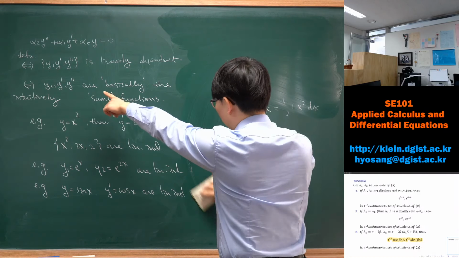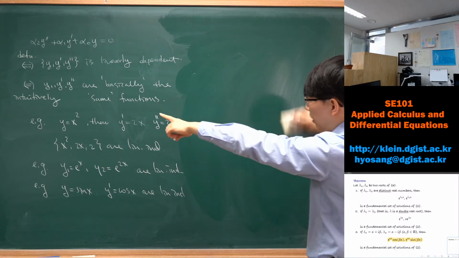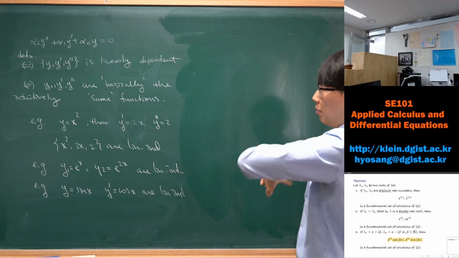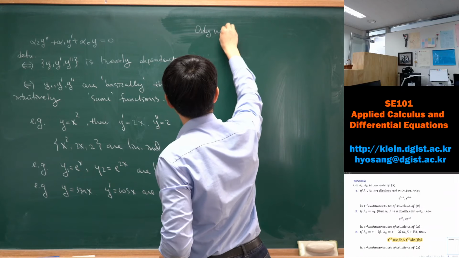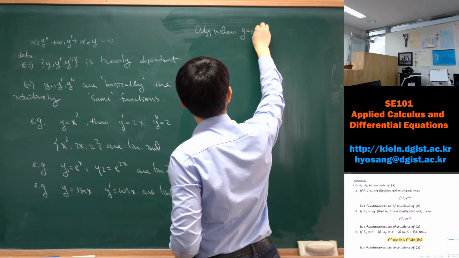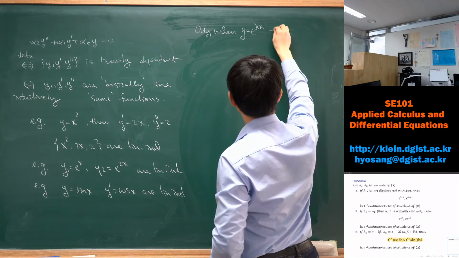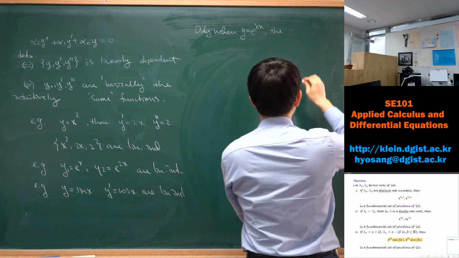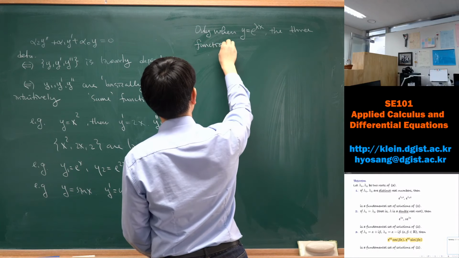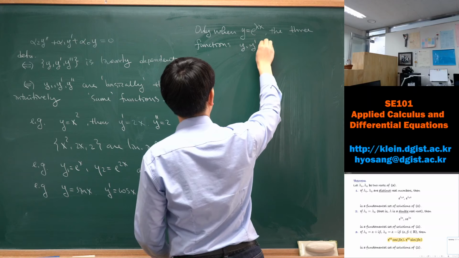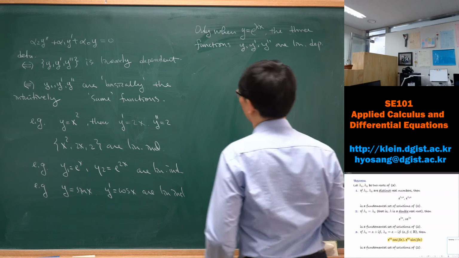So the only case when y, y prime, y double prime are linearly dependent, meaning that these three functions are basically the same function, is when y equals e to the lambda x with constant lambda. In that case, the three functions y, y prime, y double prime are linearly dependent.